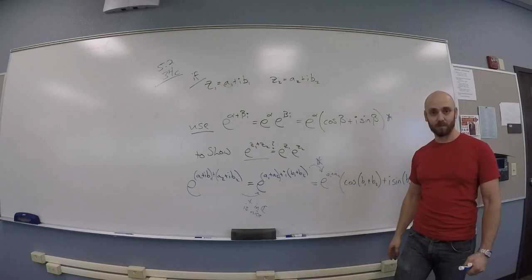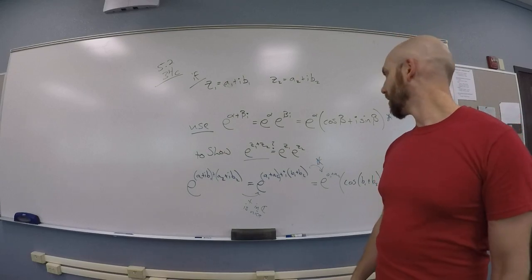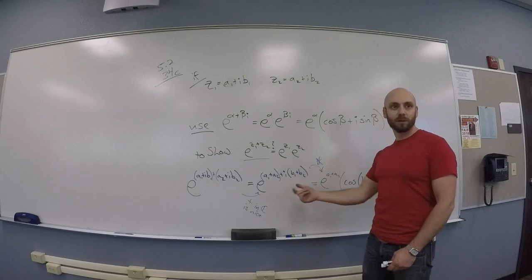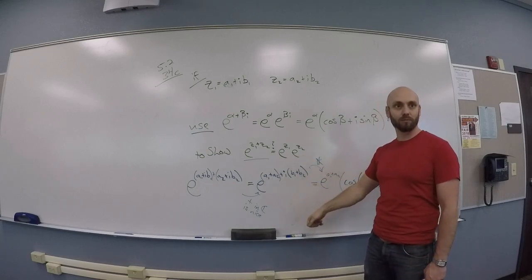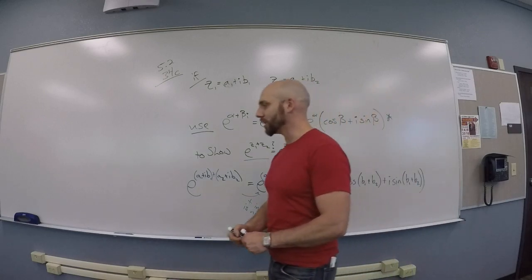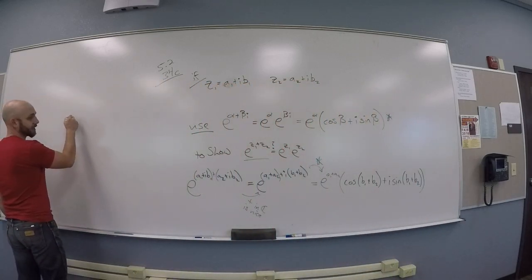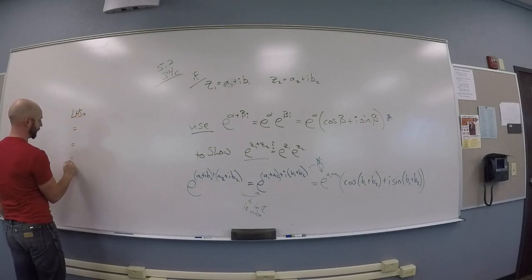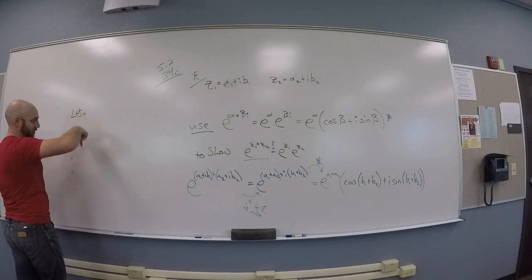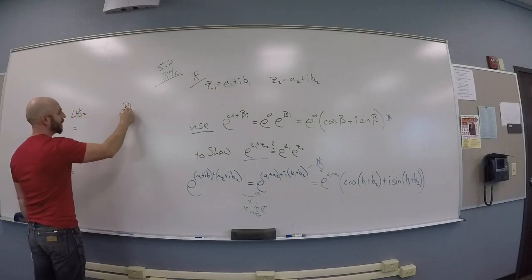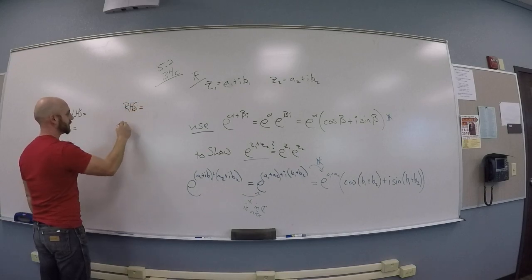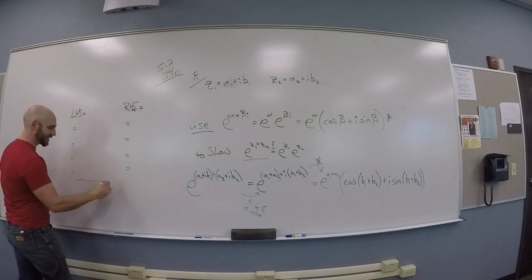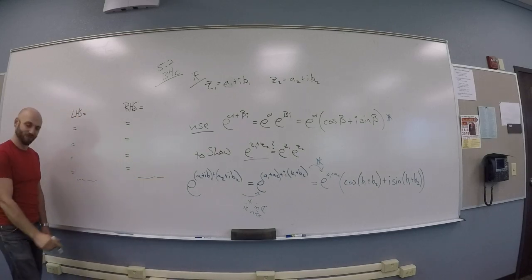Wouldn't it be easier to start on the right side? Yeah, that's a valid thing; I might be doing this the hard way. Sometimes when you get stuck in one of these, start with the other side and push that along. Do try to avoid this thing where you say left-hand side is, right-hand side is, and then get, oh, this thing and this thing are the same, so check.